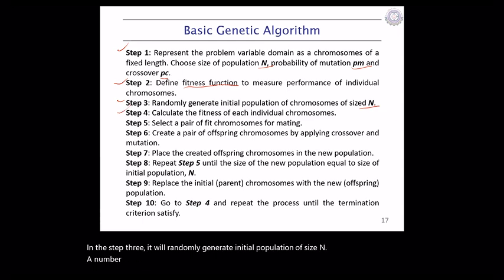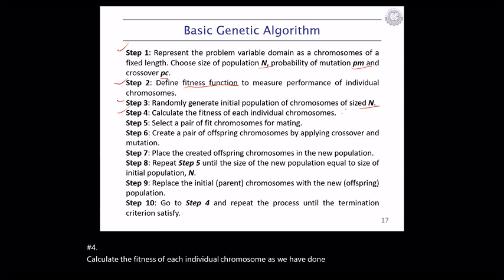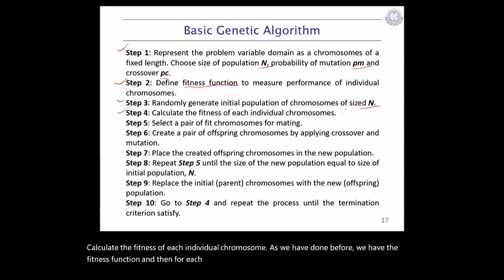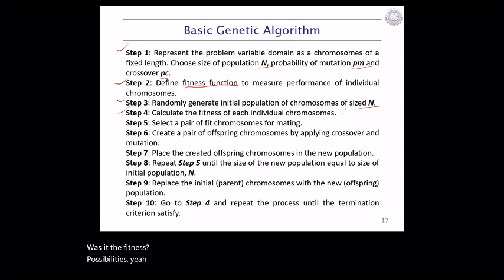And number 4, calculate the fitness of each individual chromosome, as we have done before. We have the fitness function, and for each chromosome or each individual we calculate the fitness and the probability. So we divide the fitness by the summation of the total fitness.